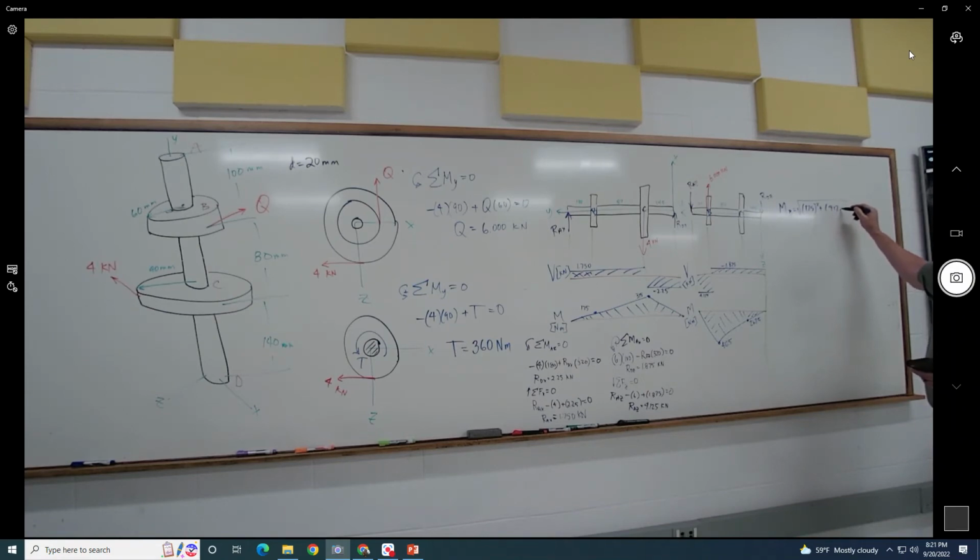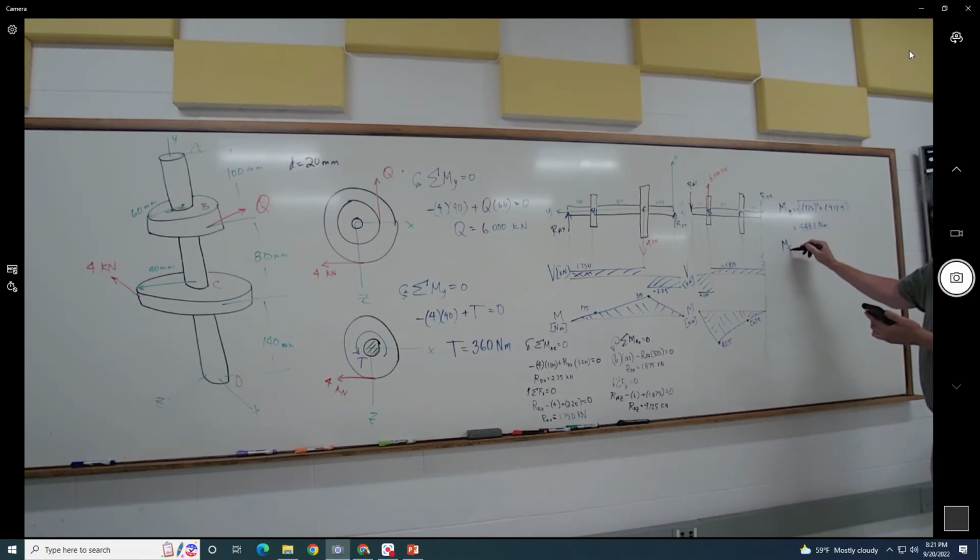So I'm thinking this is going to be the bigger one. Add them, take the square root, and we get 448.1. These are Newton meters.